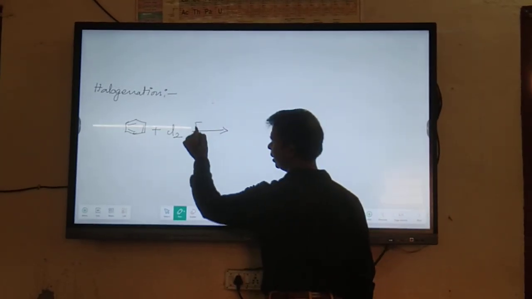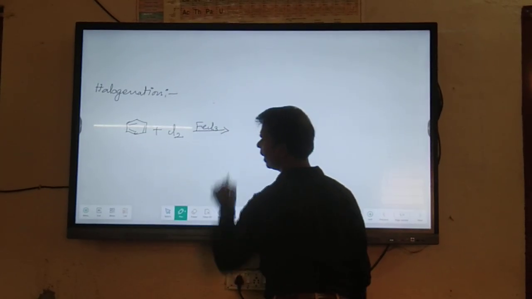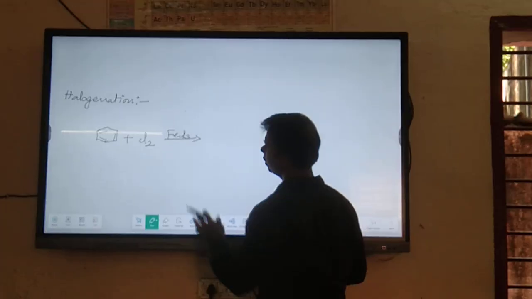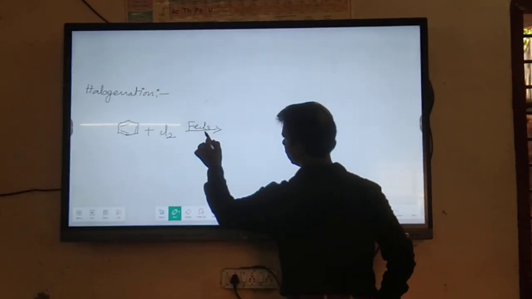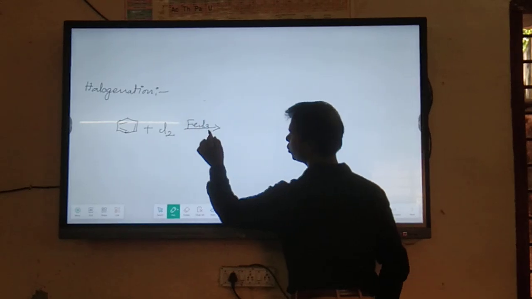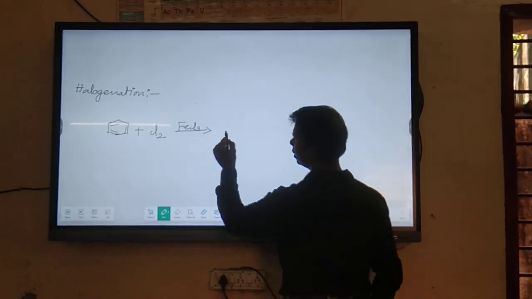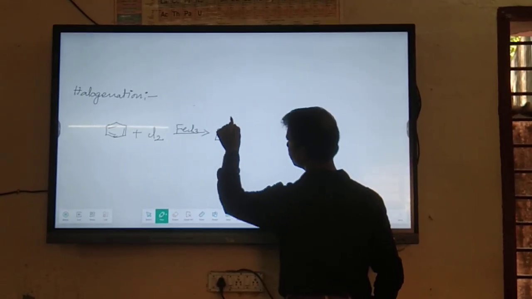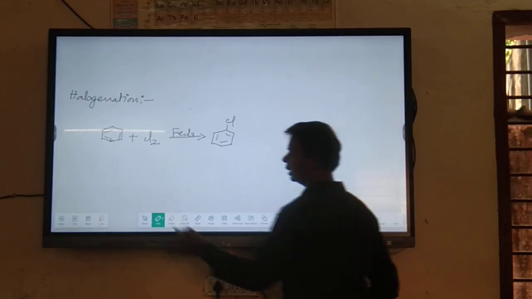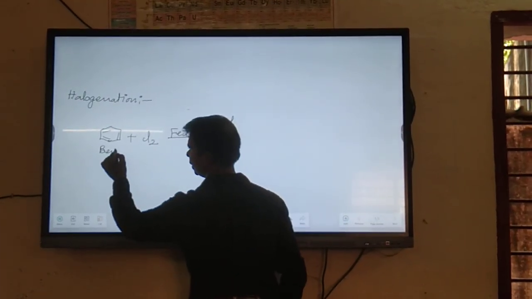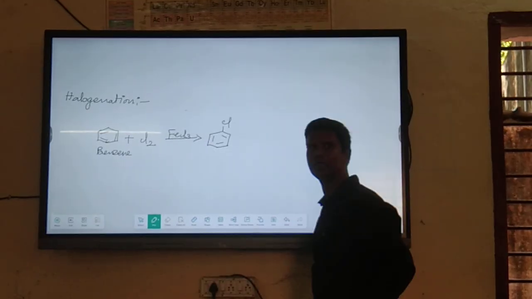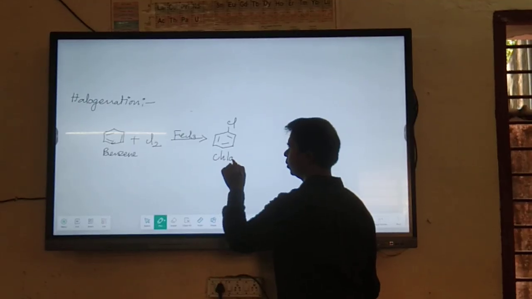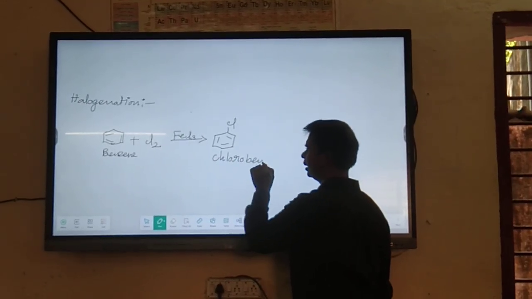Lewis acid is nothing but FeCl3, FeBr3 or similar Lewis acids, and you are going to get the halo substituted benzene. For example, this is the benzene, and this is the chlorine, and here you get chlorobenzene.